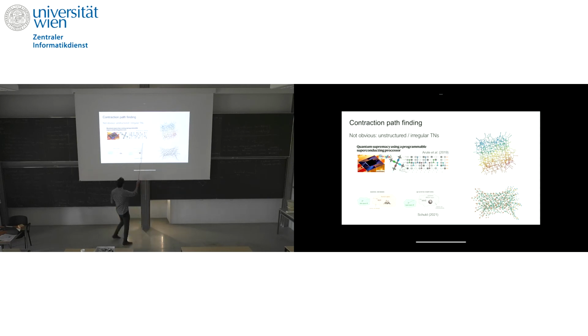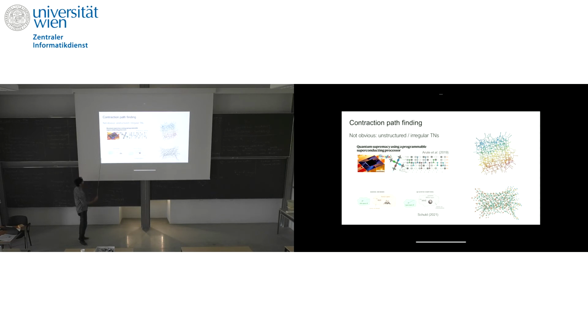Because these circuits are random, and because the gates are picked from a gate set that sometimes you can resolve easily locally, you get networks that look like this. They have some structure, but not quite a lattice structure.